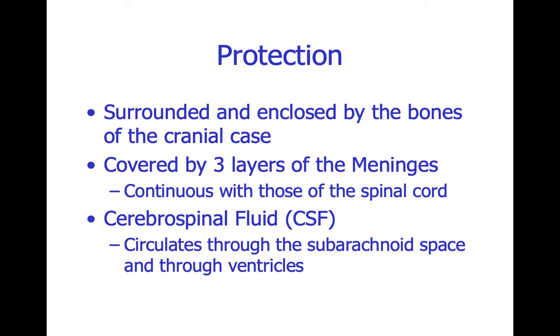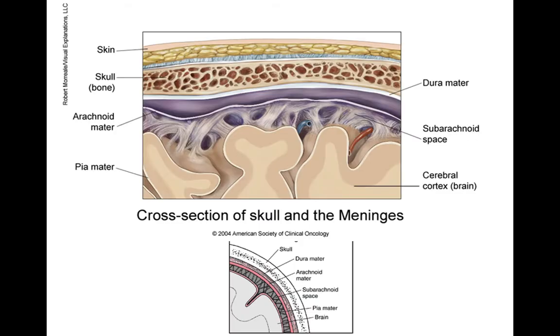So when you've got your brain in your skull and you hit a soccer ball, for instance, or bang your head against your nightstand, you don't want your brain to be slamming right up against that bone, just like we had that fatty cushion for the spinal cord. For the brain, we rely more on cerebrospinal fluid.